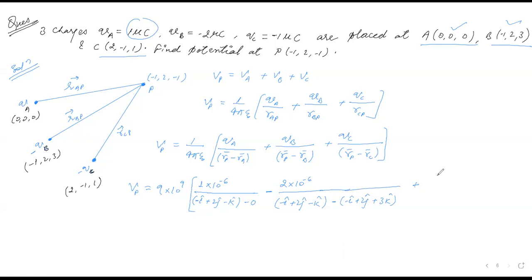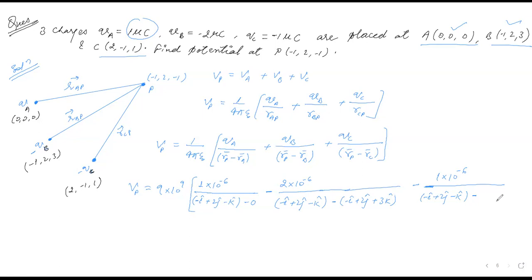Similarly, QC. QC is minus 1 microcoulomb, which is also negative again. So it is 1 into 10 raised to the power minus 6 over, once again, the value of RP is the same, minus i cap plus 2j cap minus k cap, minus RC.